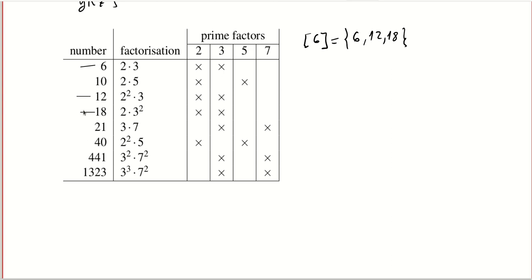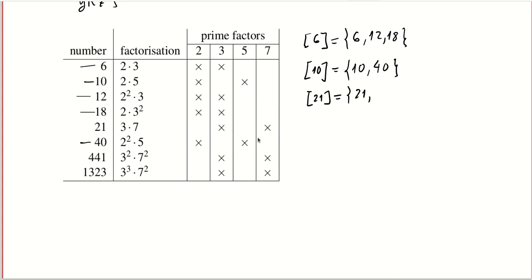Okay, now we go for the 10. The 10 contains 2 and 5, so this and this. And if we look here, we see that 40 is another one having the same 2 factors and no one else, right? So we already have this and that. Now we go for the 21, right? Which contains, of course, the 21, and the factors are 3 and 7.